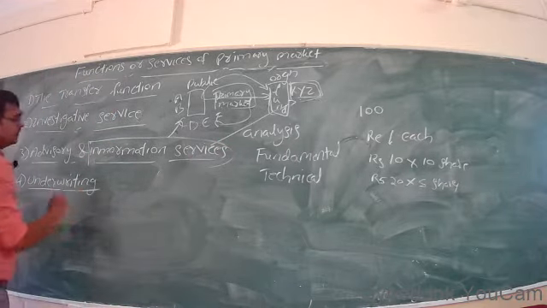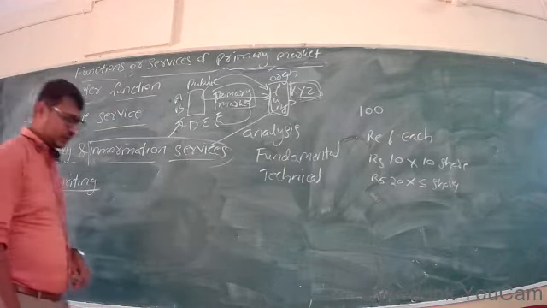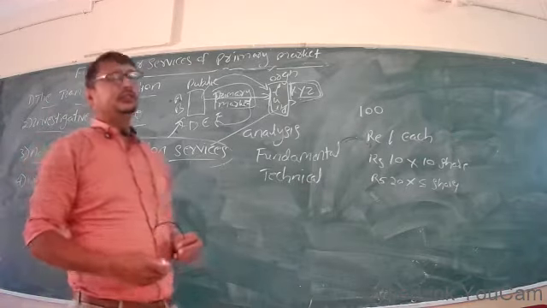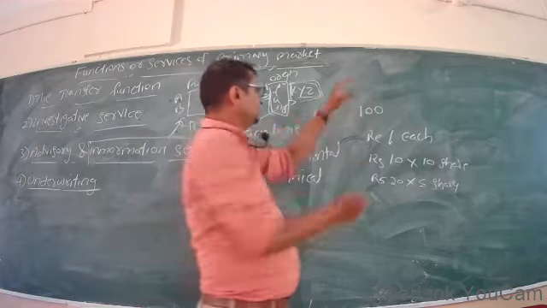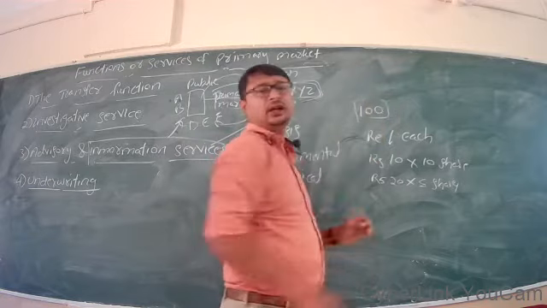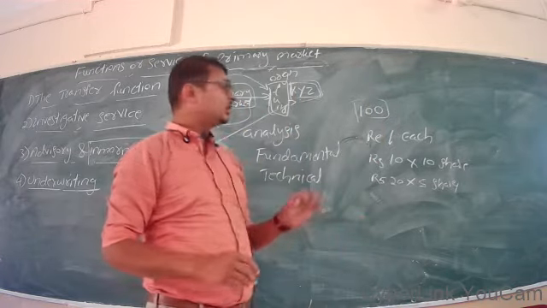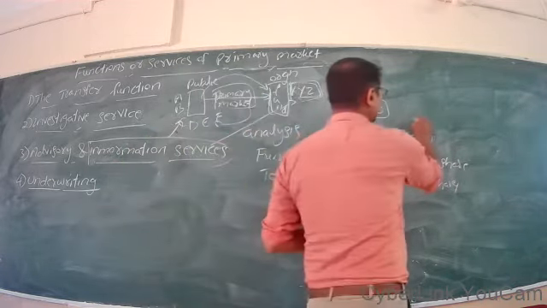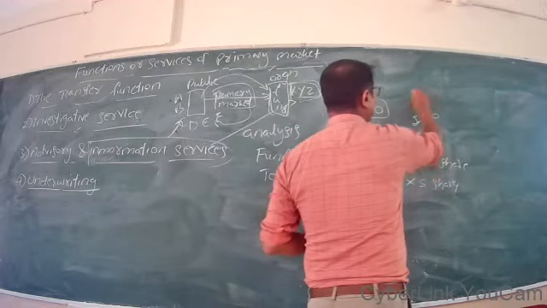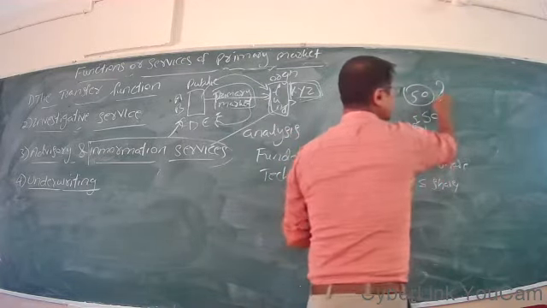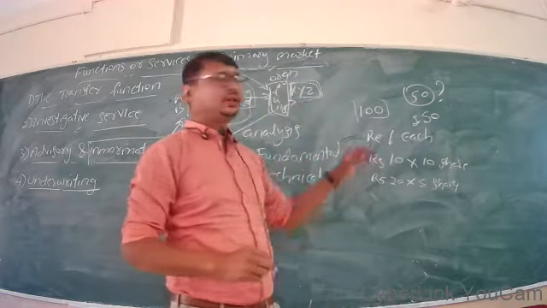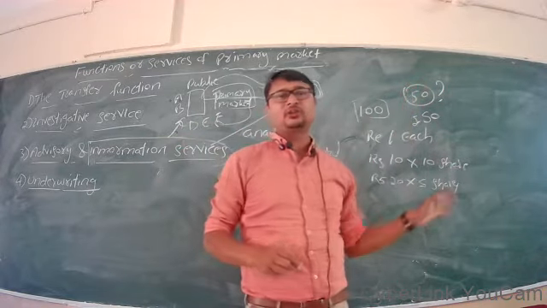Then underwriting. Say for example, what happens if a company intends to raise 100 rupees of capital? If the general public subscribes only 50 rupees, then what about the remaining 50? Where does this company raise the remaining 50 rupees of capital?